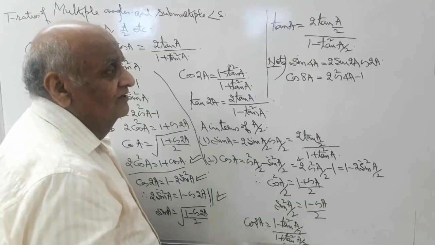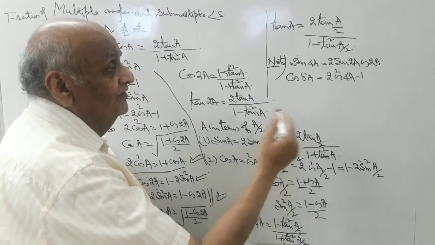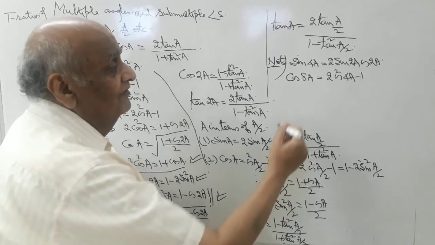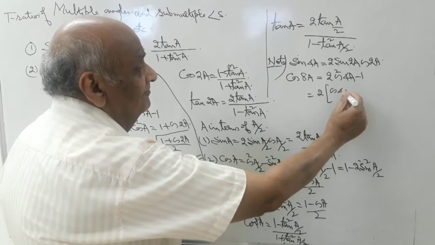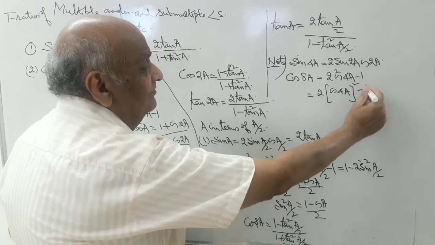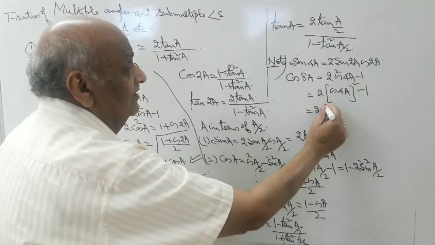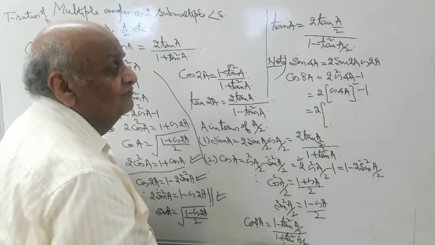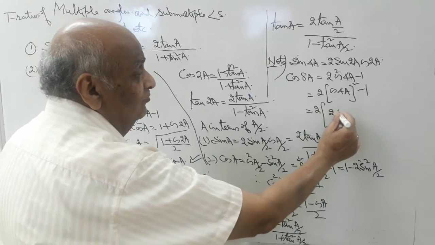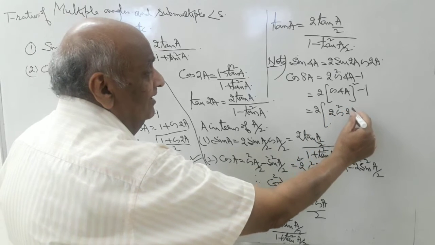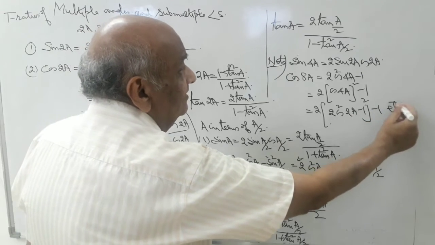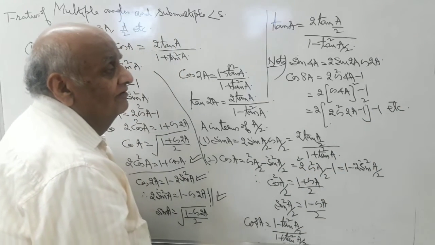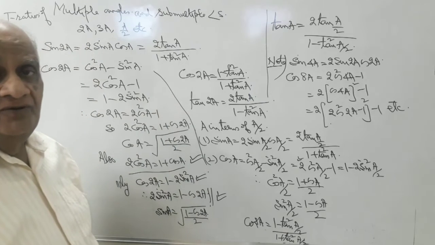That depends whether we want it in terms of this angle 4A or you can apply further: 2 (cos 4A) the whole square minus 1, and cos 4A becomes 2 cos square 2A minus 1, so 2 (2 cos square 2A minus 1) the whole square minus 1, etc. That depends upon how to simplify the problem.